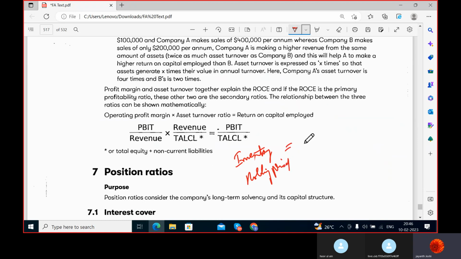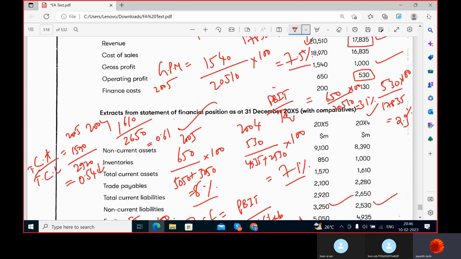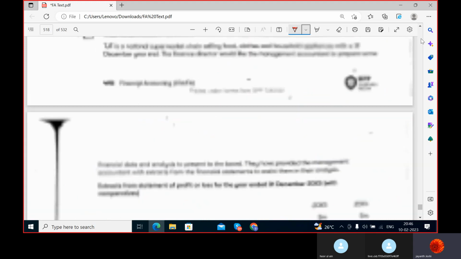What's the formula? Inventories by cost of sales into 365. Correct? So for 2004 they have given, for 2005 you have to find out the inventory. You have to take closing inventory. Inventory we can find out here, 850, and here it is 1000. So 1000 and 850.